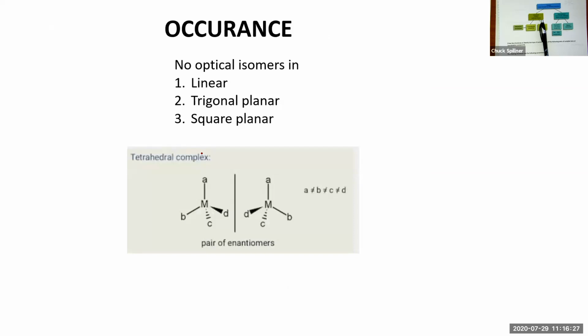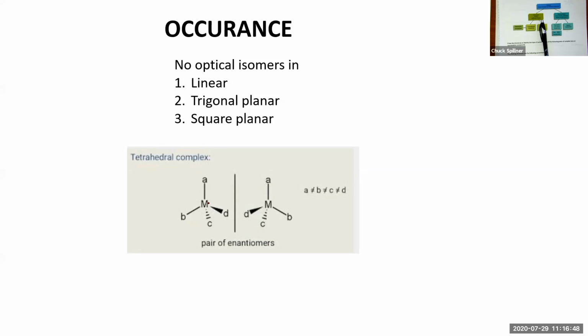In the case of a tetrahedral complex, all four ligands have to be different. So we have an example here of a complex ion with four ligands. We said A doesn't equal B doesn't equal C doesn't equal D. If any two ligands are the same, you cannot have an optical isomer.